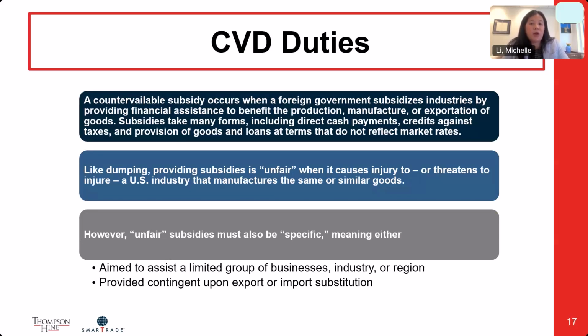Like dumping, this is also unfair when it causes injury or threatens to injure the U.S. industry that manufactures the same or similar goods. However, the unfair subsidies must also be specific, meaning the subsidy practices aim to assist a certain group of enterprises, entities, or regions, or are contingent upon export or import substitution. Next slide, please.